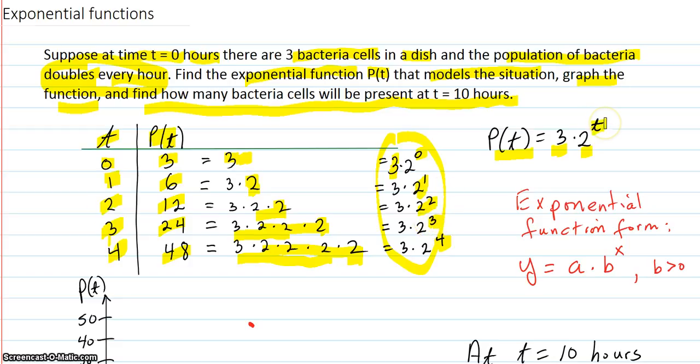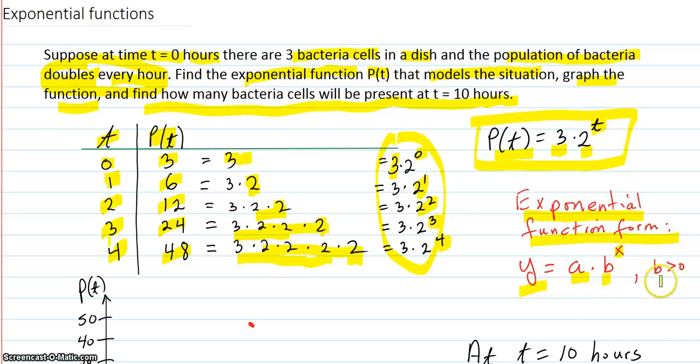So it's the t. So this is your population function. It's called exponential because the variable's in the exponent. The basic exponential function form is y equals a times a base b to the x power, where b is greater than 0. That's your form.